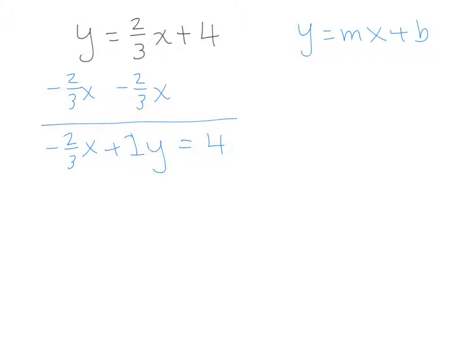So I'm going to multiply each side by negative 3. When we distribute to each side, negative 3 times negative 2/3 is positive 2, so we're going to get 2x. Negative 3 times 1 is negative 3, so we're going to get 2x minus 3y, or plus negative 3y, whichever way you want to write it, equals negative 12.